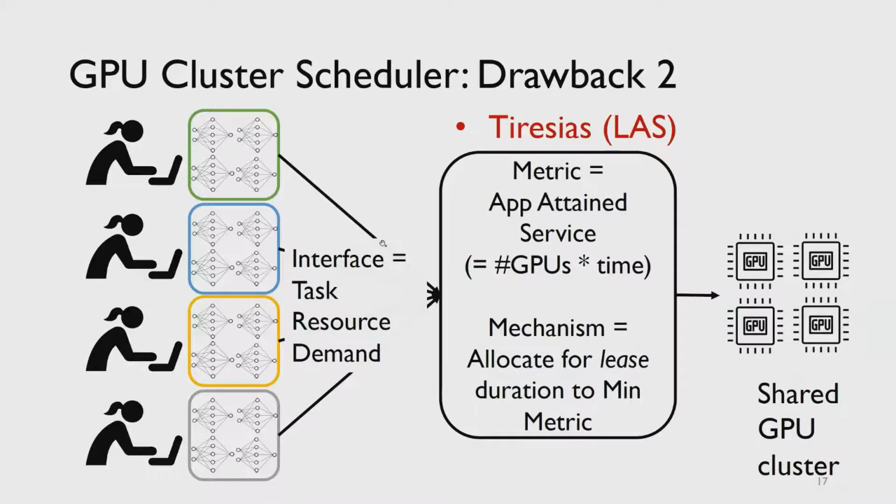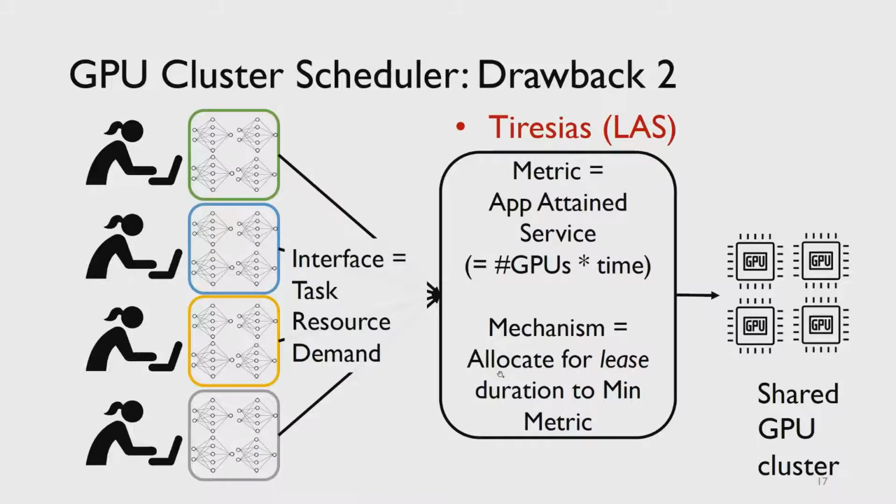A later paper is called Themis, I think. In that slice, it attacks the Tiresias LAS scheduler mechanism, as the metric is, like we said, the least attained service, LAS.